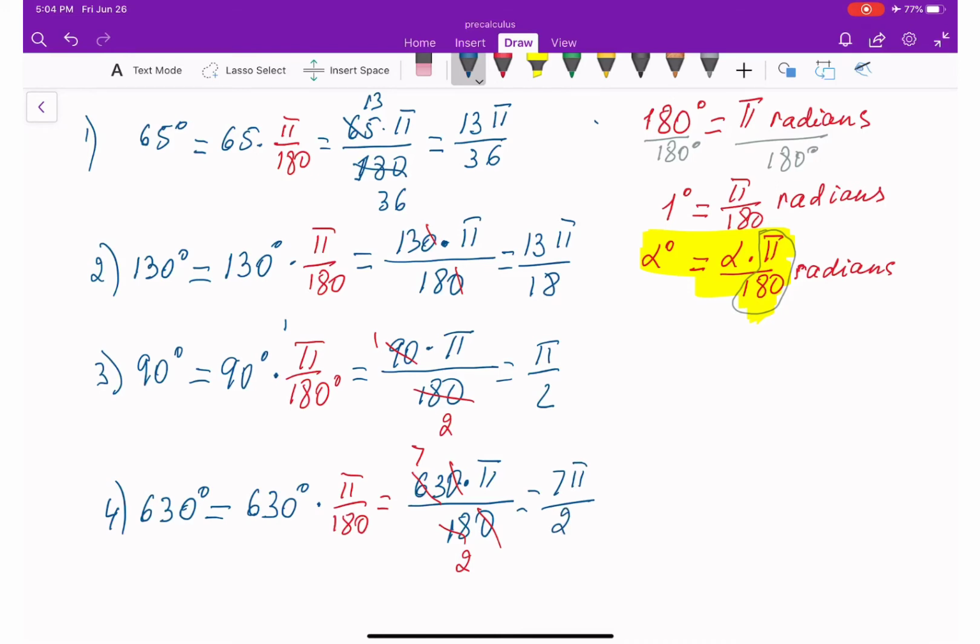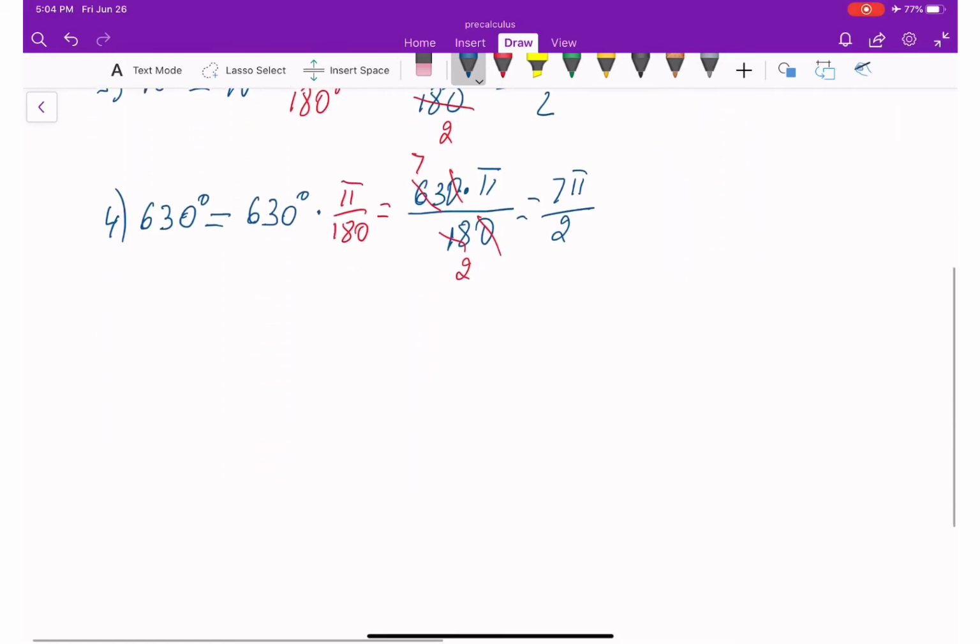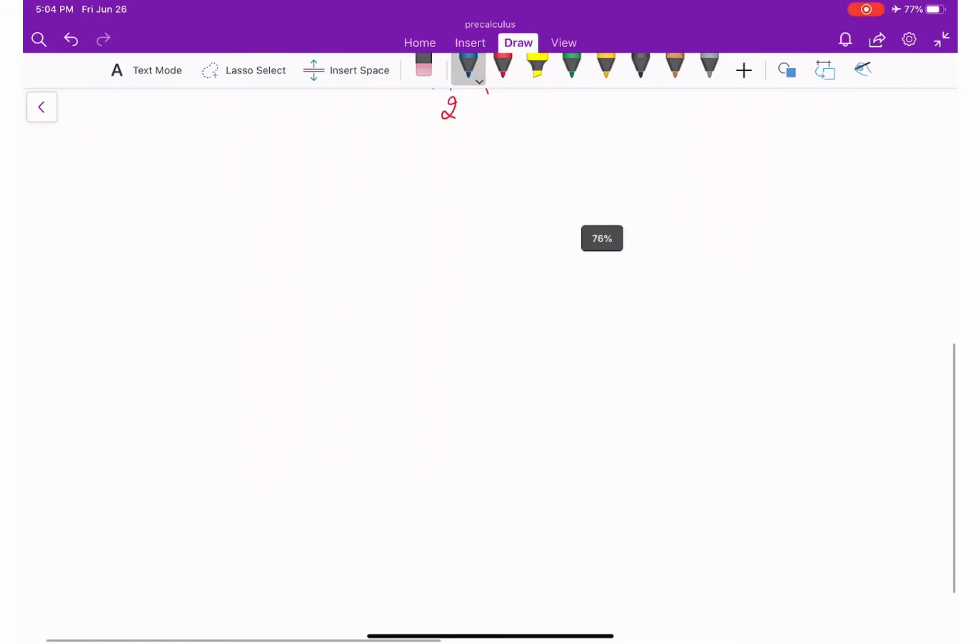All right, now let's solve a couple of problems on how to convert radians to degrees. So again, let me show the relationship. Pi radians are equal to 180 degrees.